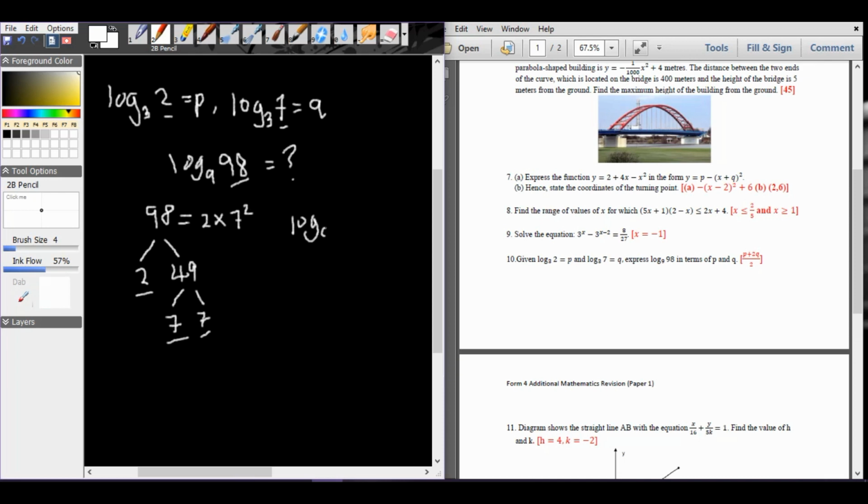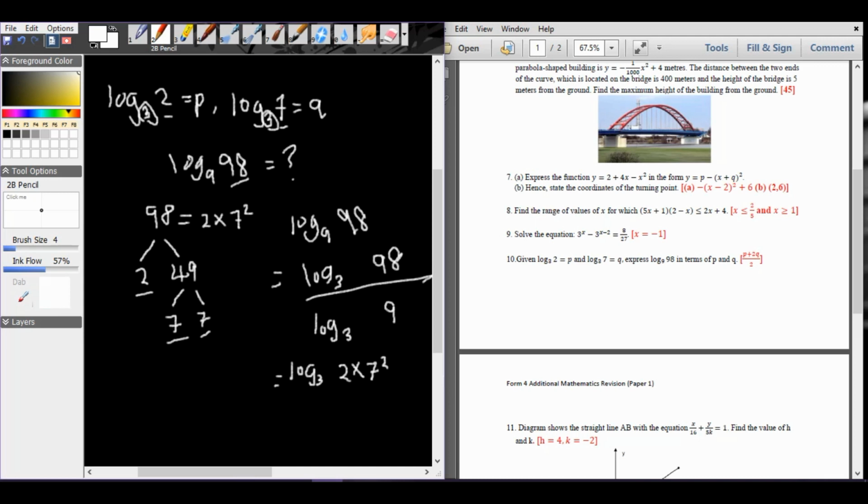Log_9 98. Okay, we have to change the base because we are given the base in 3. So we change base into log_3 98 over log_3 9. So log_3 of 2 times 7 squared over log_3 of 3 squared.